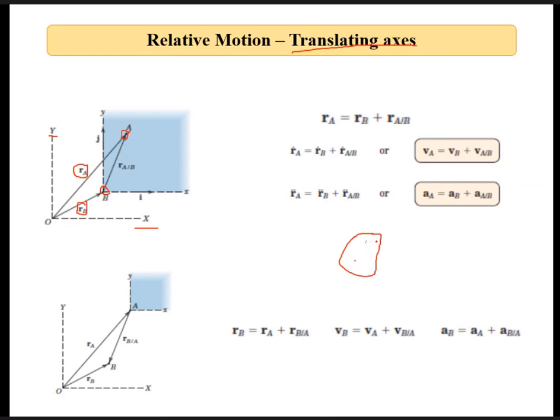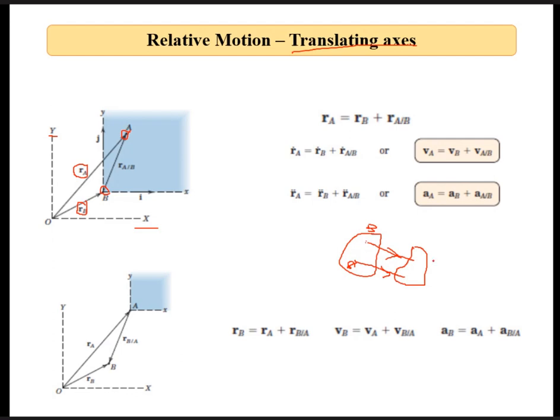So this body, when it is translating, say in this direction, then what is happening? This is my rigid body. This is point A. Say this is point B. Say position of point A is RA and position of point B is RB, so velocity will be R dot A and R dot B.